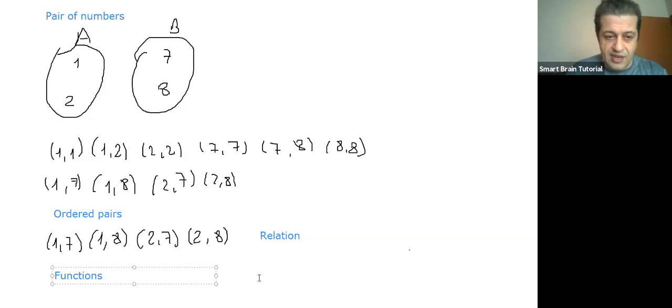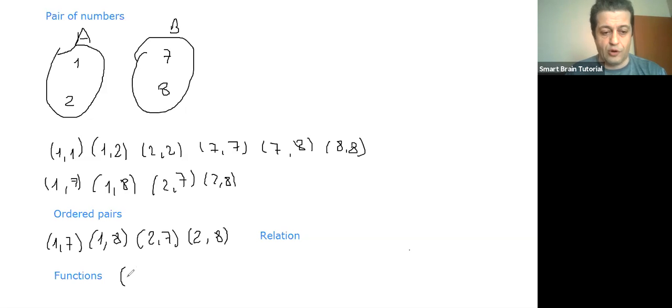In our case, we have, let's say, 1, 7 and 2, 8. They have a special relationship between them, because each element of the second set is 6 more than the respective element of the first set.